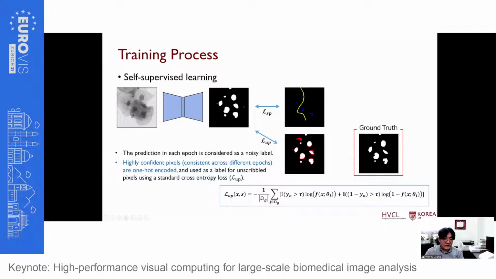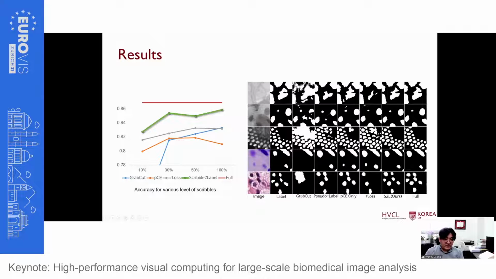Then it will grow and improve over time. By doing that, our method can generate much better performance without the full label. This is very useful for the connectome case as well, because previously we needed to make a full label to train supervised learning, but now we only need a few scribbles.